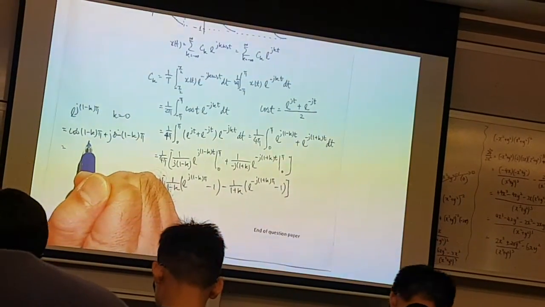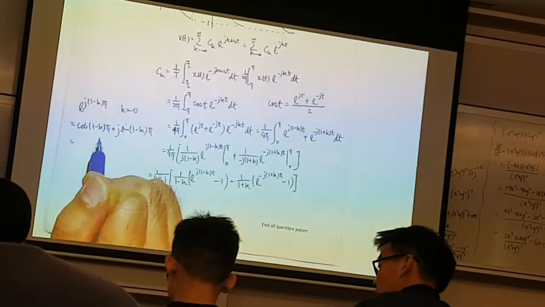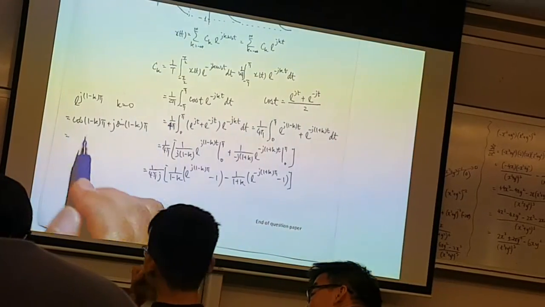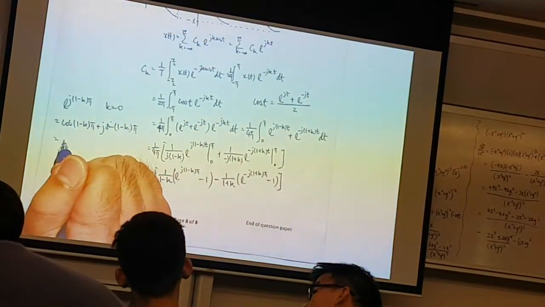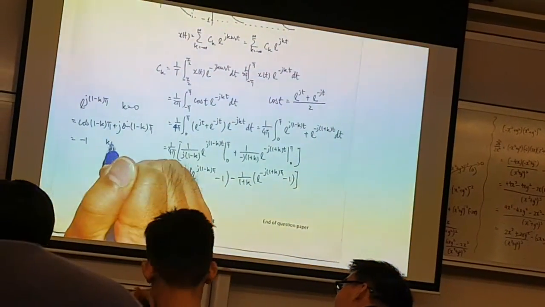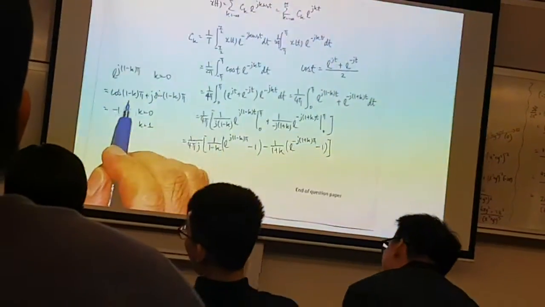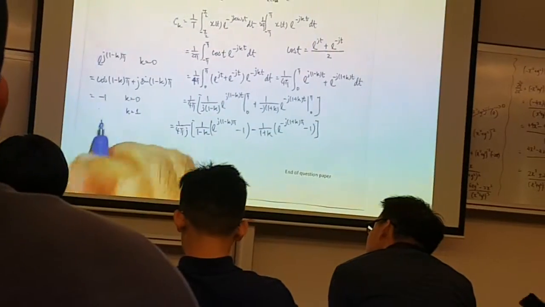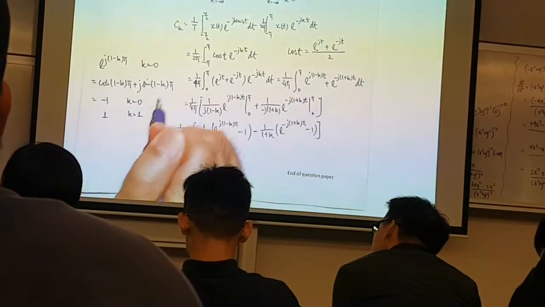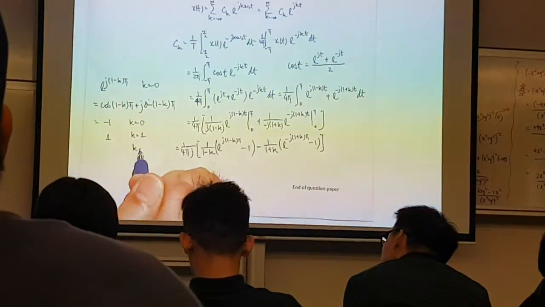Minus 1. When k is equal to 0, cosine pi is minus 1. When k is equal to 1, this is 0, and this is actually equal to 1 because this is also 0.